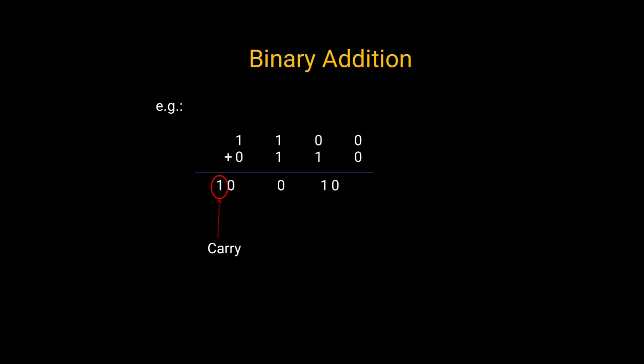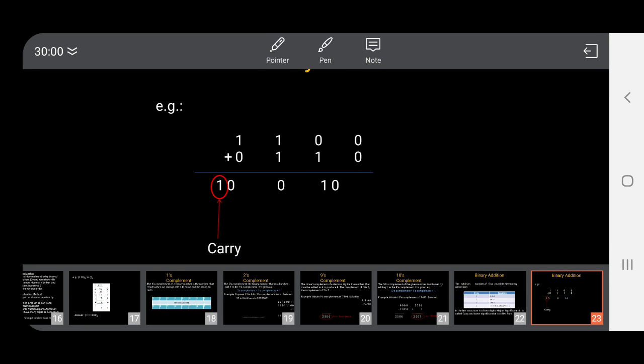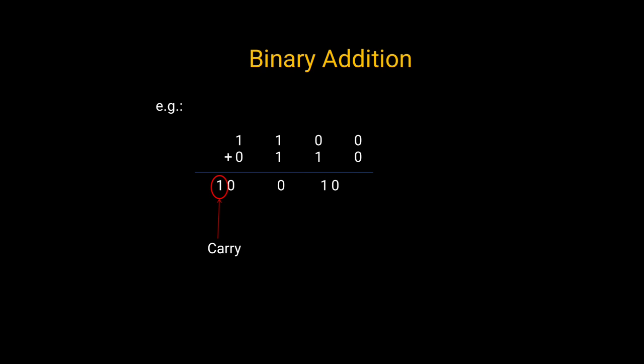Taking one example, we have to make binary additions. The first number is 1100, the second number is 0110. Simply you can make the addition, but observe the rules. Here 0 plus 0 is 0. Here 0 plus 1 is 1.